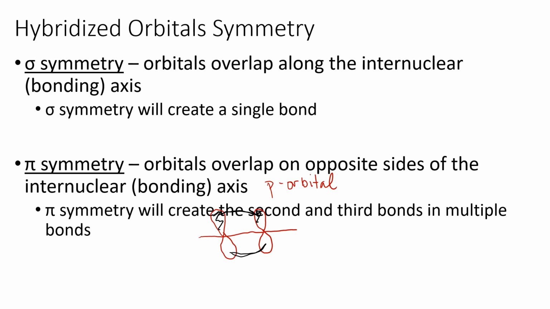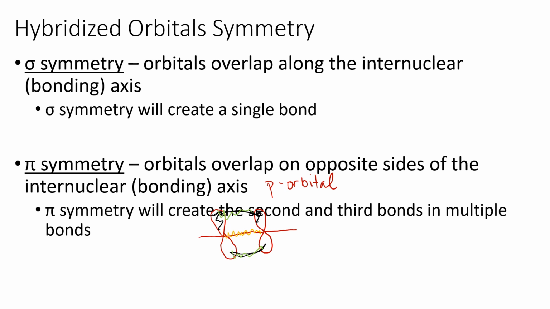So if I look at a double bond, I would have my initial overlap of two orbitals on my internuclear axis. So typically that will be through the hybridization, or the hybrid orbitals that we have. They will overlap directly on that internuclear axis. My second overlap, my second pairing or sharing of electrons, will then happen with these unhybridized p orbitals, and we will see the overlap above and below the internuclear axis, or we may see them out in front or back behind.